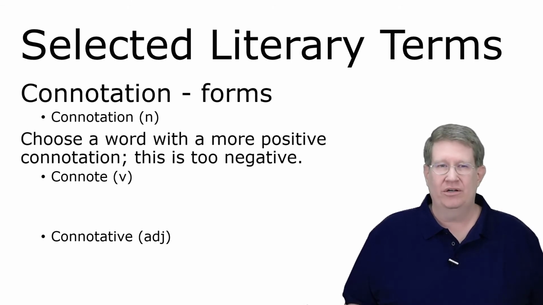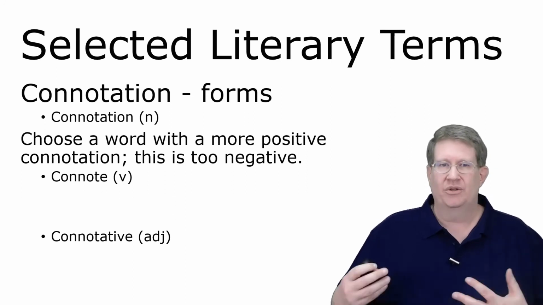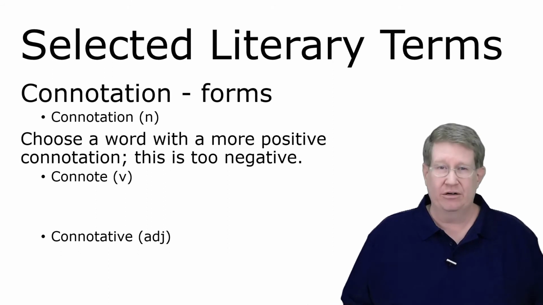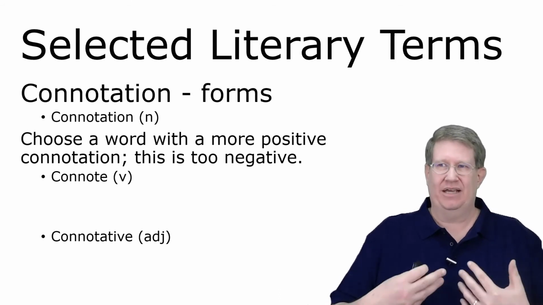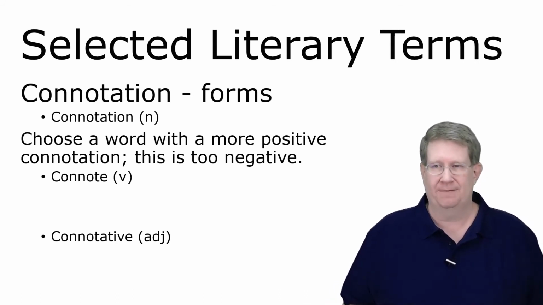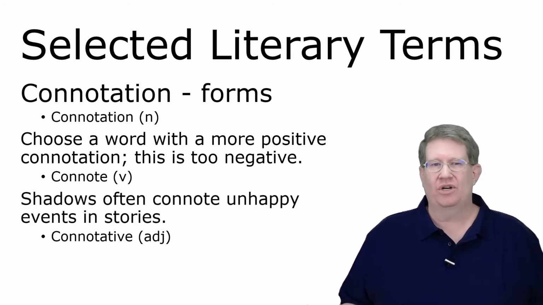So connotation, choose a word with a more positive connotation. This is too negative. So this sounds like an English teacher talking to a student, maybe in a literature class, saying, your word choice isn't communicating the meaning that I think you want to communicate. So connote. Shadows often connote unhappy events in stories.